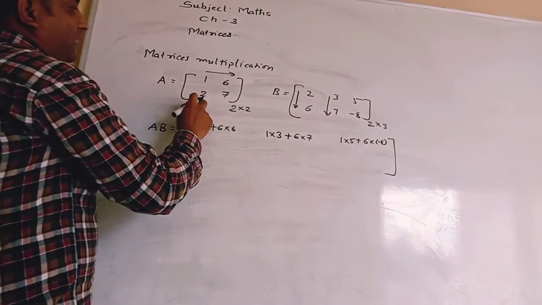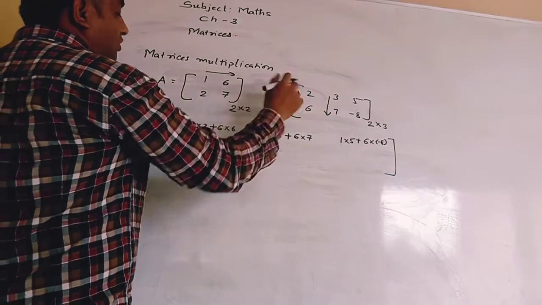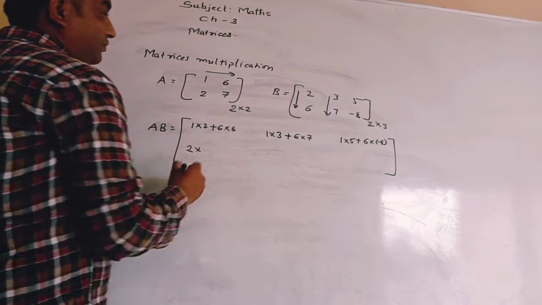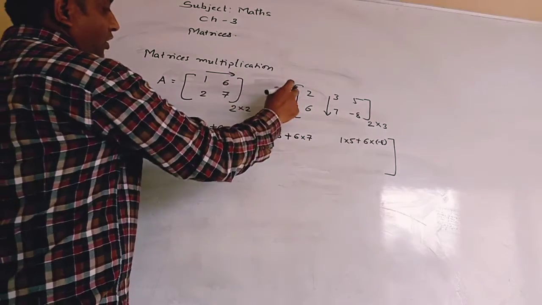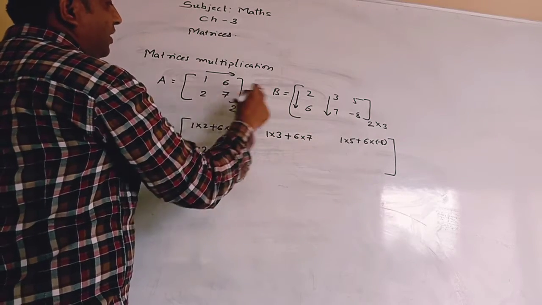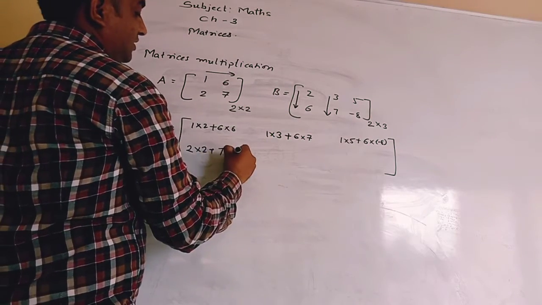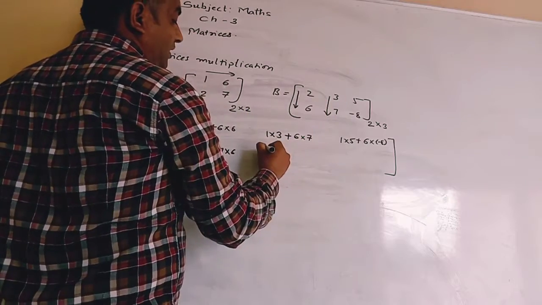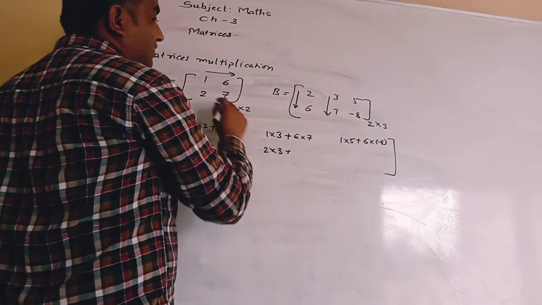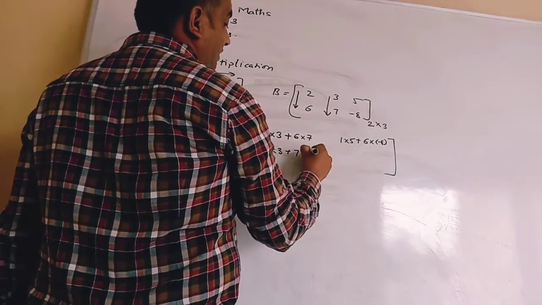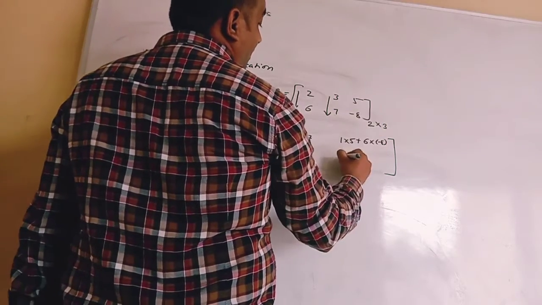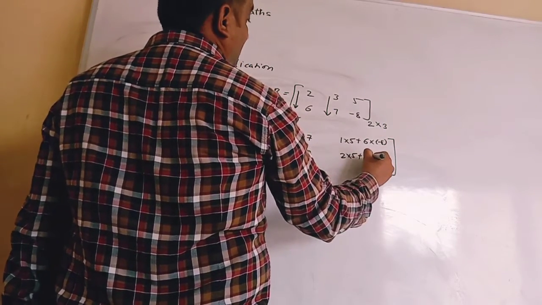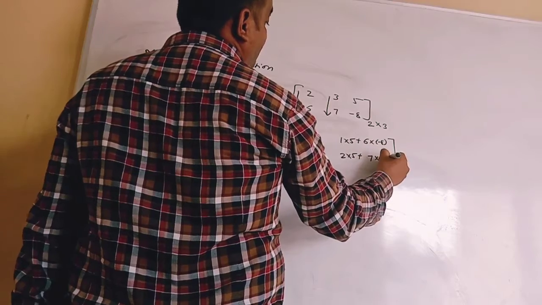The second row gives the second row's elements: 2 multiply 2 plus 7 multiply 6, 2 multiply 3 plus 7 multiply 7, 2 multiply 5 plus 7 multiply minus 8.